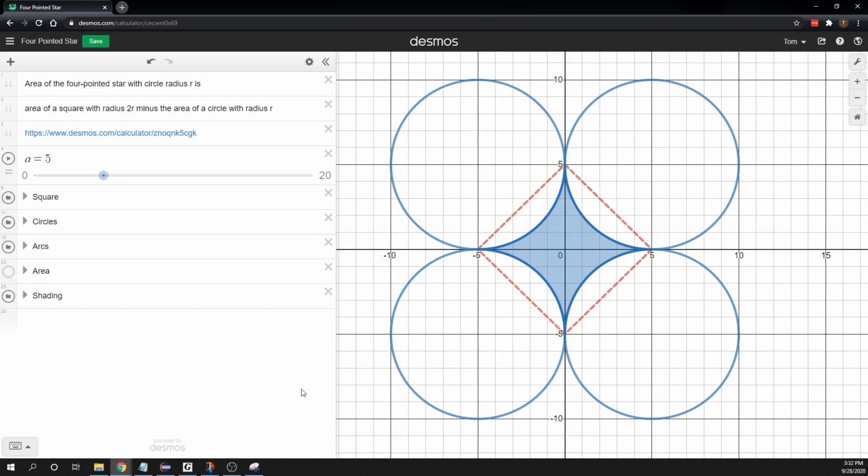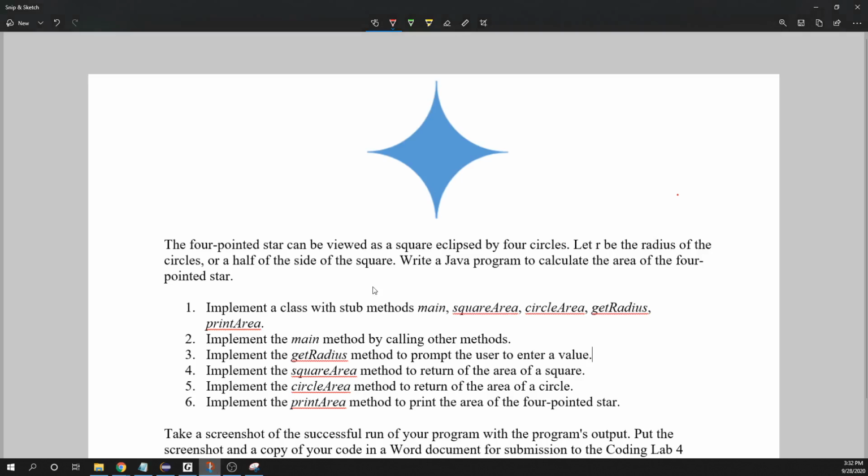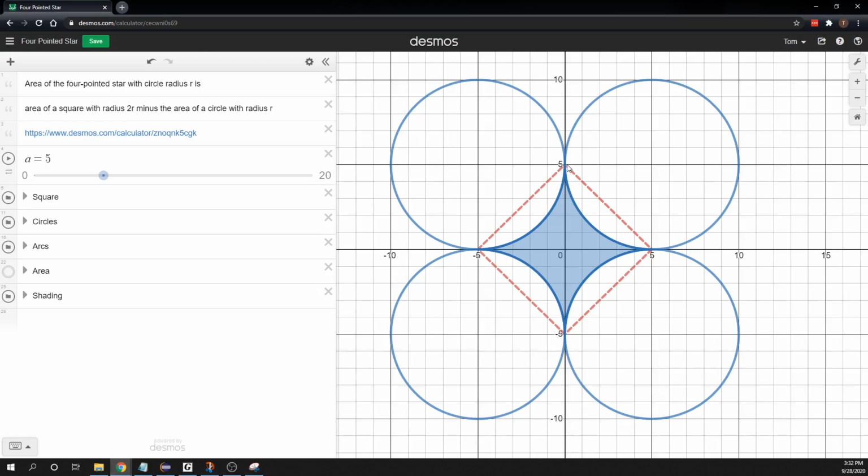In the statement of the problem, they say let R be the radius of the circles, or a half of the side of the square. So it's not really accurate that the length of this side of the square is what they're talking about here.